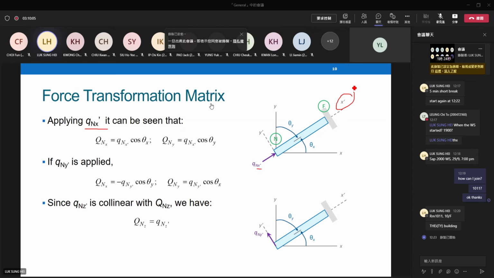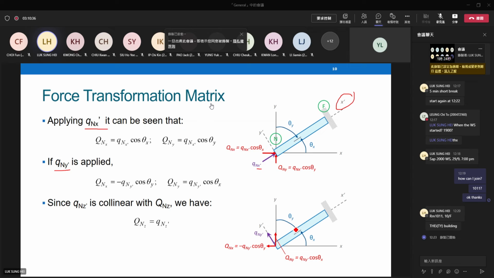You can project this force back to the global system, horizontal and vertical. This becomes the force transformation equation for actual force q along x prime. No moment, because the z-axis has no effect. Similarly, you can apply force along the other direction, q along y prime, and then project this to vertical and horizontal.